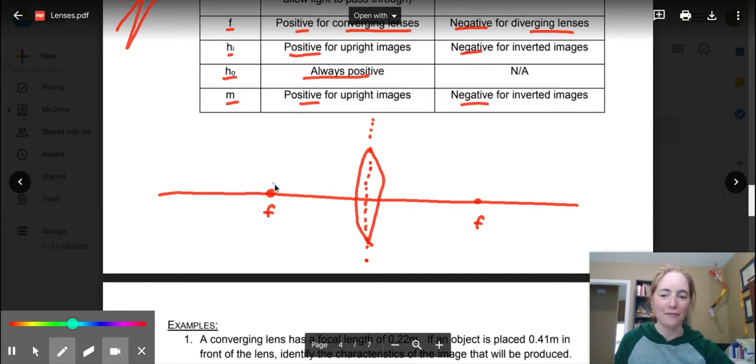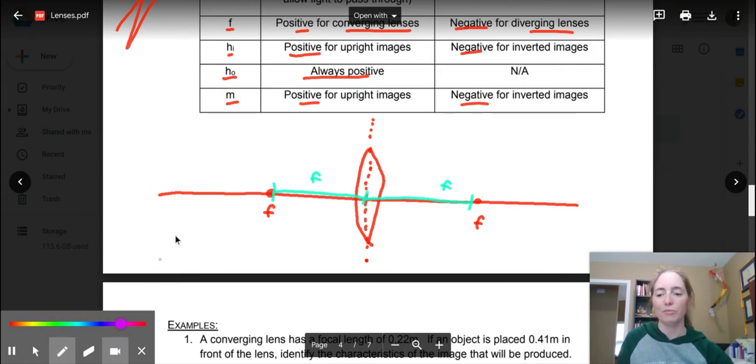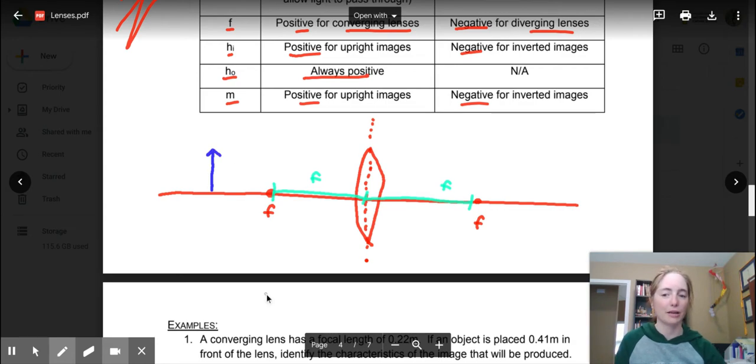So this f, our focal point, our focal distance, is from there to there. From there to there, it's going to be the same number. And now I'm going to take my object here and I am going to draw my image here. So that's my image.